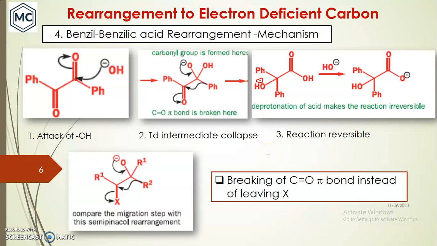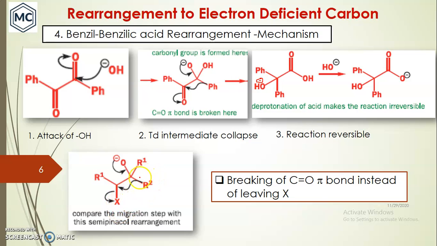Okay, that's about the mechanism, and this mechanism is similar to the semi-pinacol rearrangement. This is the semi-pinacol rearrangement, and this intermediate is similar to the benzil-benzilic acid one. The only difference is that instead of a carbonyl, you have a halide here.